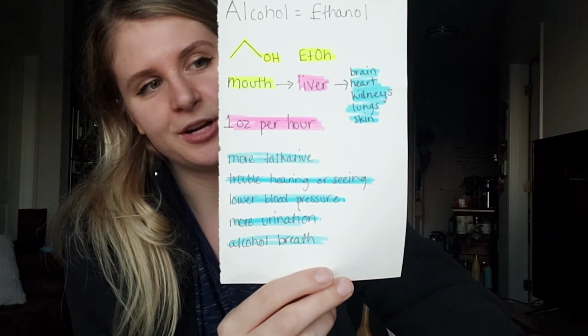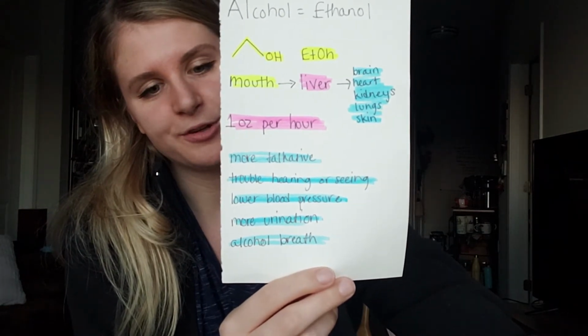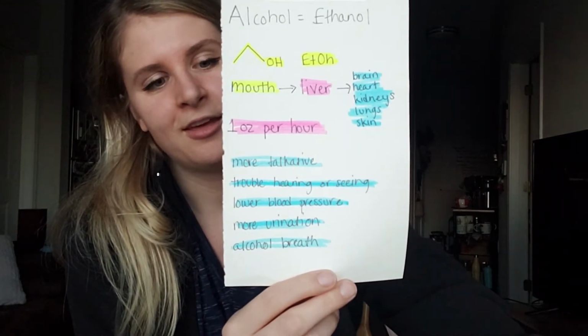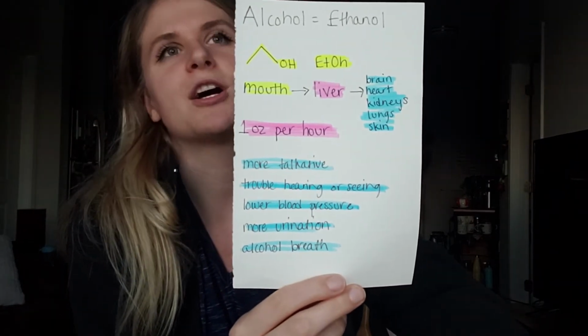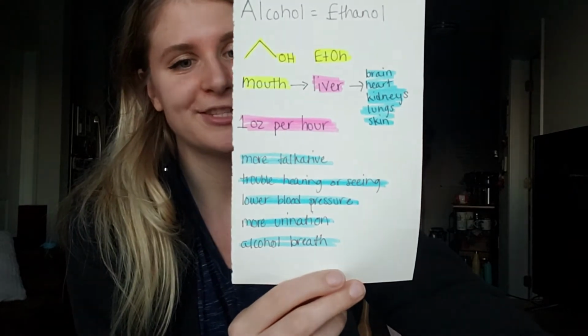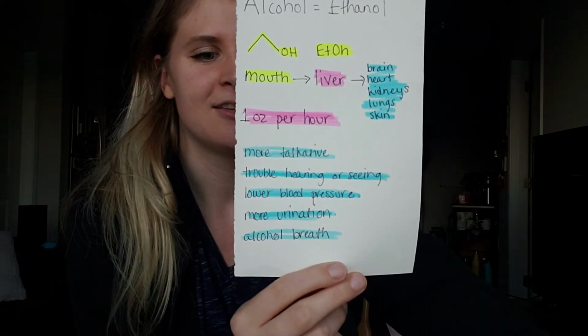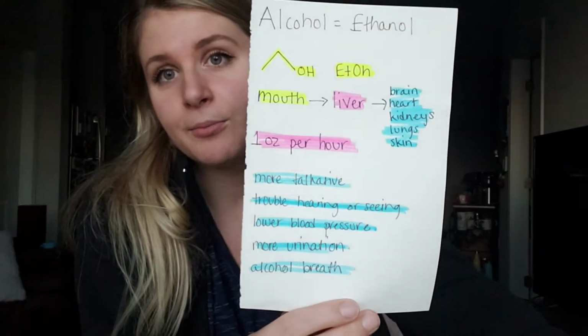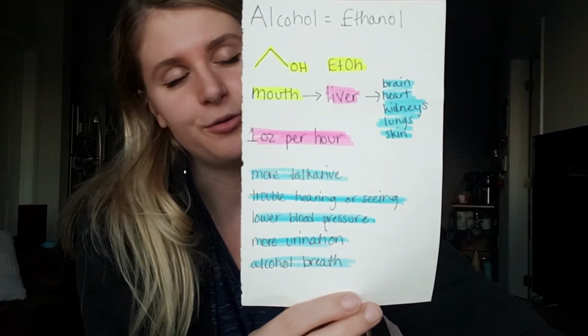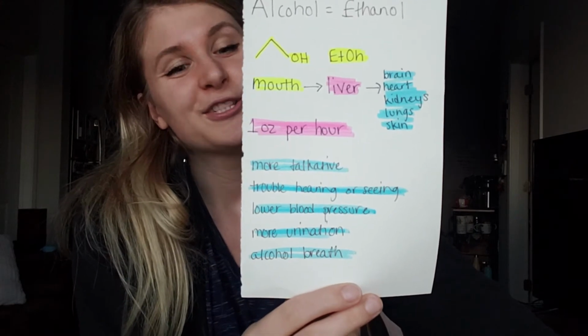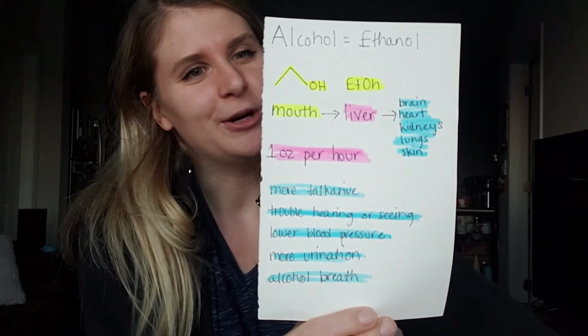That's where that whole concept comes from. So alcohol breath, more peeing, lowering blood pressure, trouble seeing, more talkative. There are a whole bunch of other things, but these are the main ones I want to talk about. You can look up the side effects of alcohol. If you drink, you know some of these on some level.